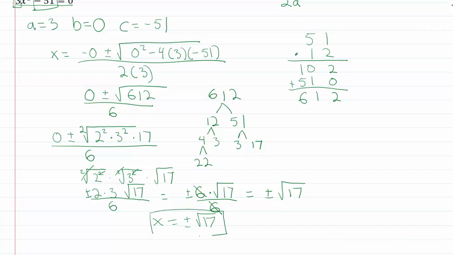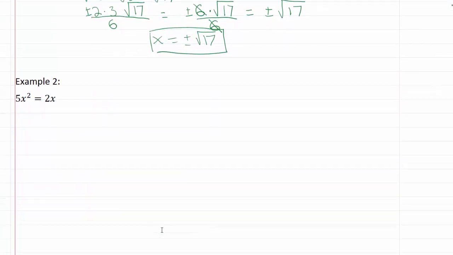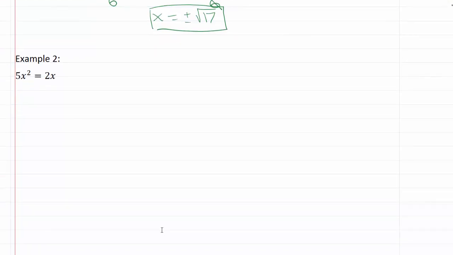Now let's go ahead and take a look at another example. This example says 5x squared is equal to 2x. So remember, like we were learning in the last video, we got to get everything over onto the same side of the equation. So I'm going to subtract 2x from both sides.